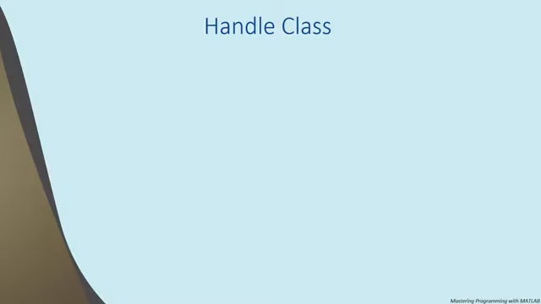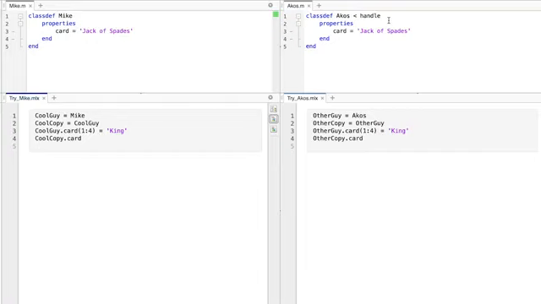I've only put in these classes the minimum that we need to illustrate how a handle class works. They each have one property, and its name is card. And they don't have any methods because we don't need methods to show how a handle class works. Under each of these class definitions, I've placed a live script for trying them out, called tryMike and tryAkash. Let's step through tryMike first.